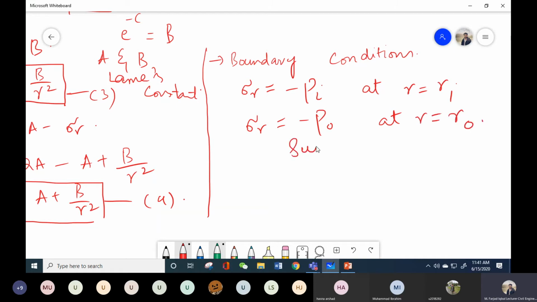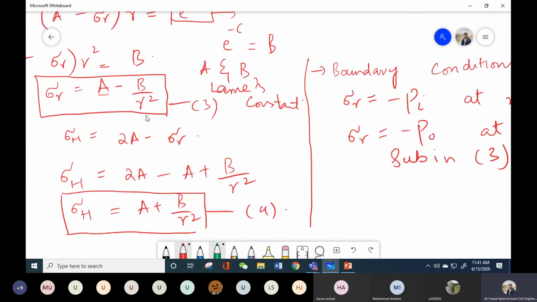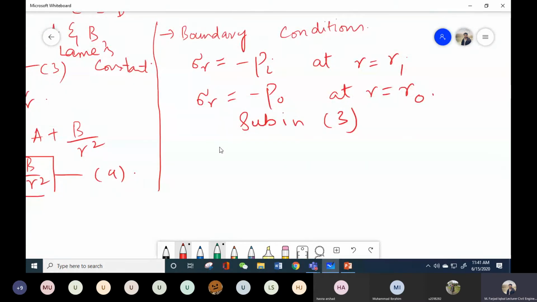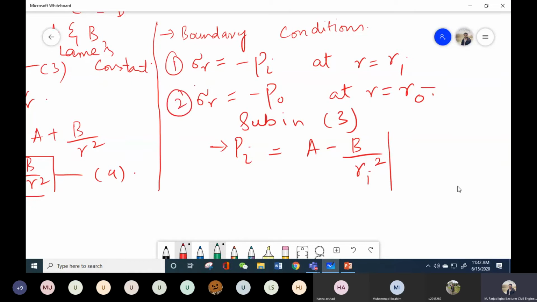I will substitute both of these into equation 3, which is sigma r equal to a minus b over r square. So when I substitute the first condition, I get minus pi is equal to a minus b over ri square. And by substituting the second condition, I get minus p naught is equal to a minus b over r naught square.